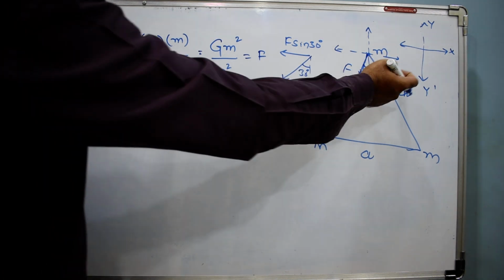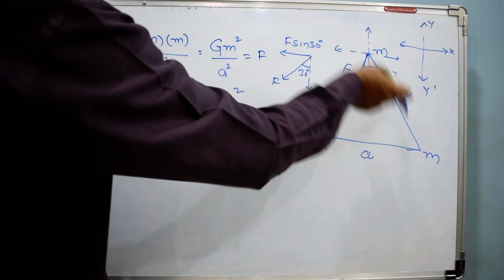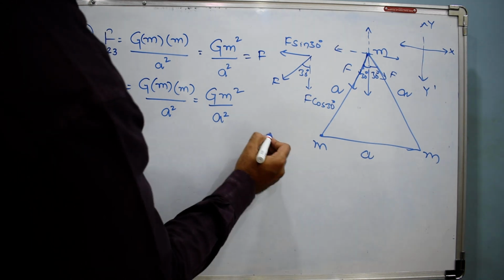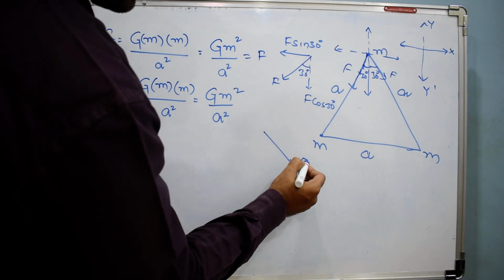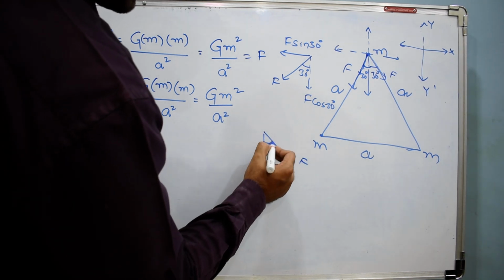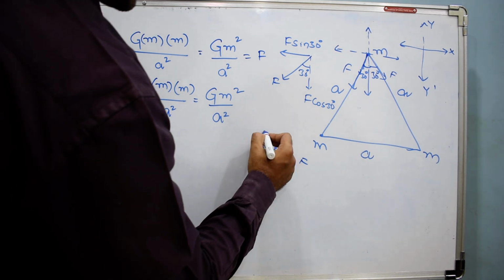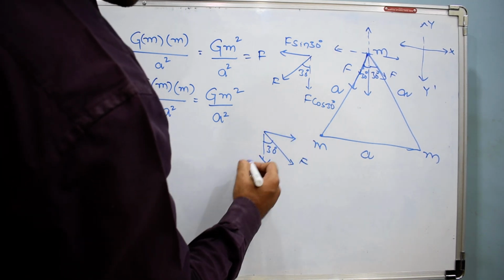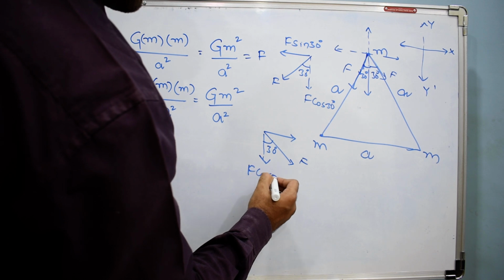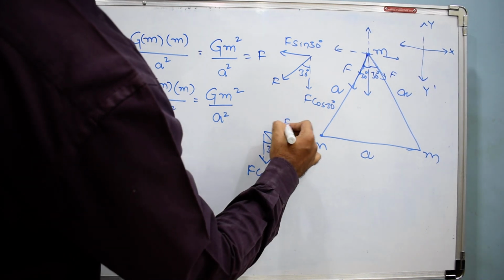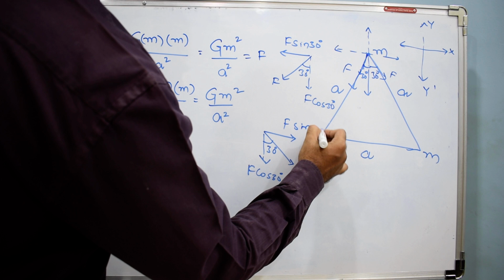Similarly, this force F acting in this direction can also be resolved into two components. It's making an angle of 30 degrees with the negative y-axis, so it can also be resolved into two components, F cos 30 and F sin 30.